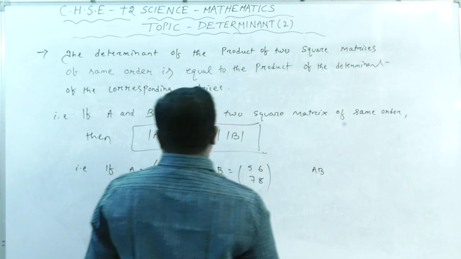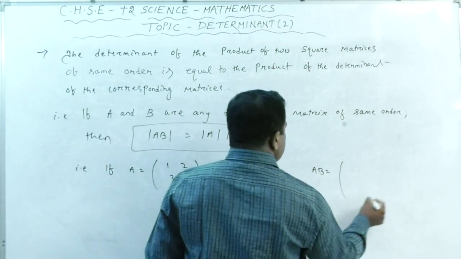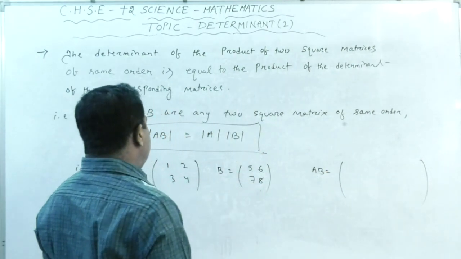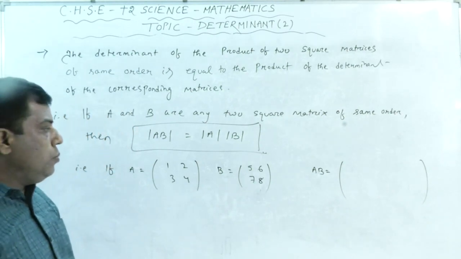Here we will find AB. You know the multiplication procedure.